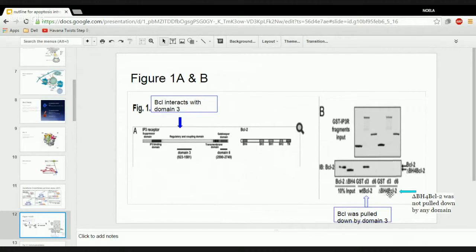Delta BH4 BCL2 does not bind to IP3, so it's not pulled down by either the D3 domain or the D6 domain. The BCL2 binds to the D3 domain, so it gets pulled down right here by the D3 domain, but it doesn't get pulled down by the D6 domain because BCL2 doesn't bind to the D6 domain.